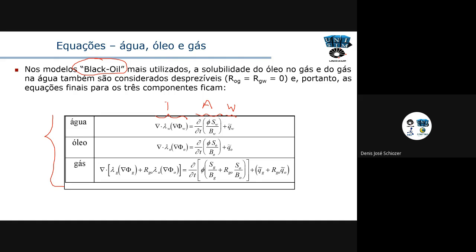And this is the transmissibility term, that's from block to block. The fluid is going to move from one block to another according to this term here. So we have three terms here. This is the movement from block to block, the movement from block to well, and the accumulation. If you add these three terms, we have the conservation of mass in the block.